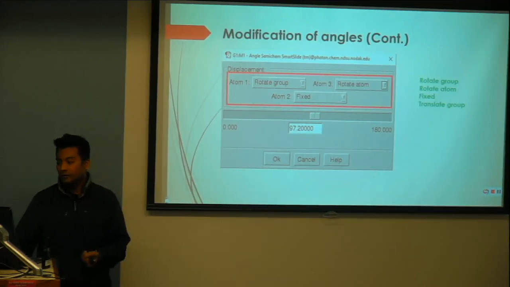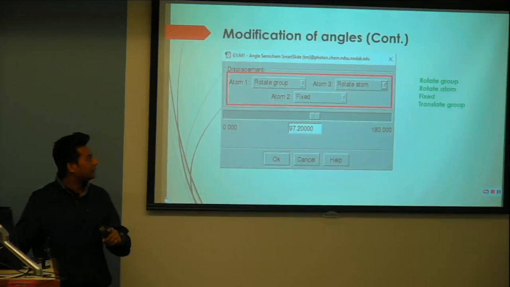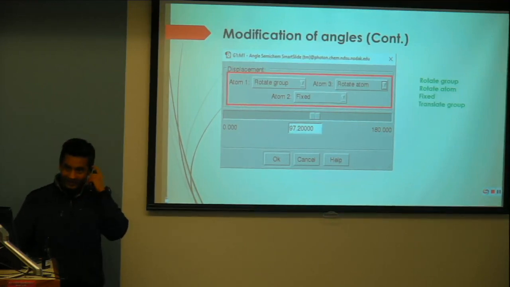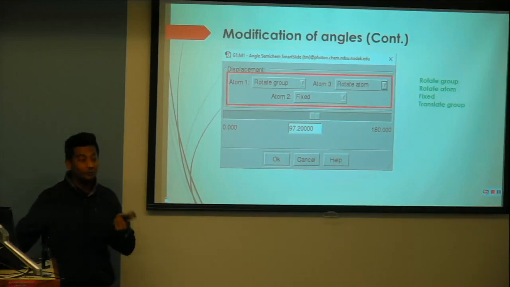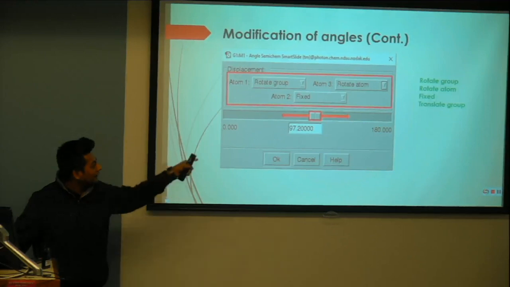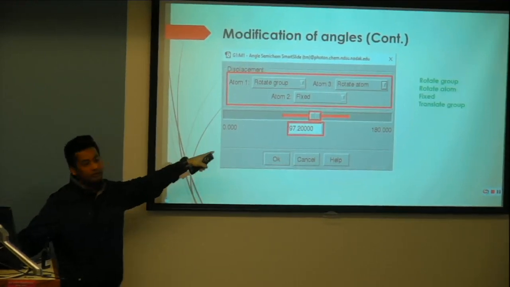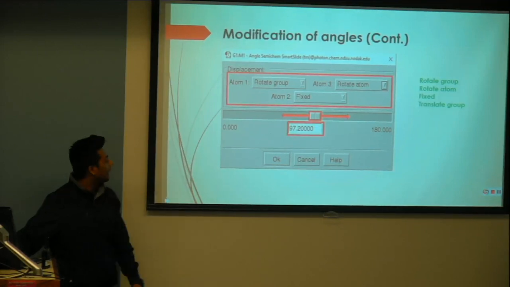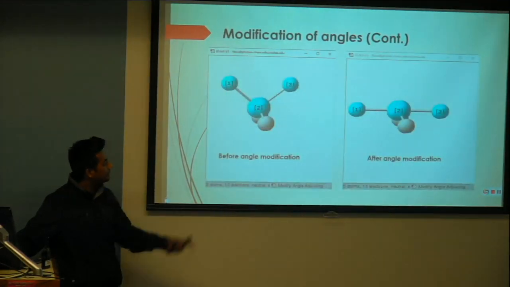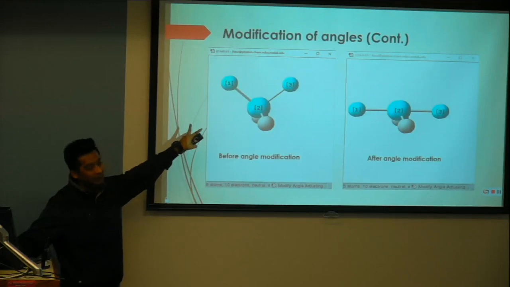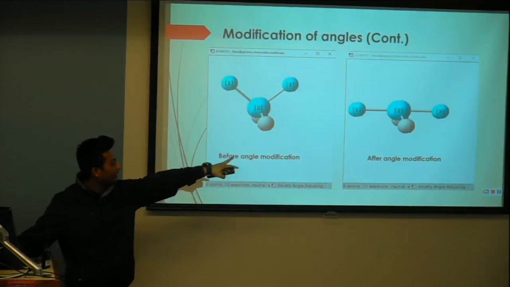And fixed you already know. And translate group, actually I am confused with translate group here, so I have a question for Dr. Dimitri later on. We can increase or decrease the angle likewise, and also you can put the specific value here and click OK. So this is the example. This was like before, and I made the angle 180 degrees.